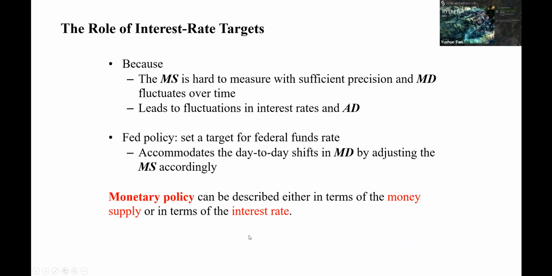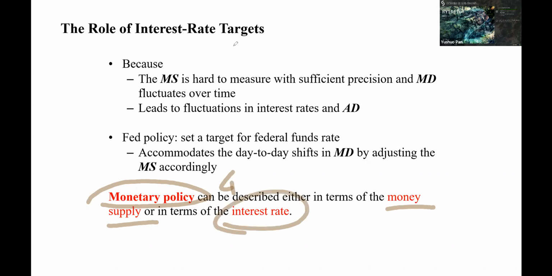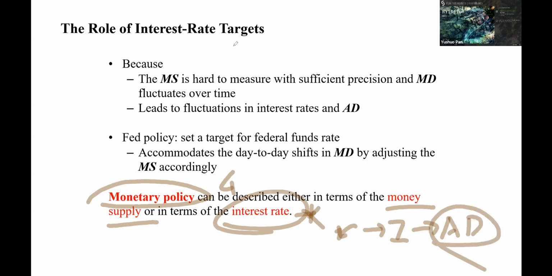Before, what we learned is that the four strategies are going to change the money supply, right? But what does the Fed want when it changes the money supply? The Fed's real aim is to change the interest rate, because the interest rate R is going to determine I. It's going to determine AD.